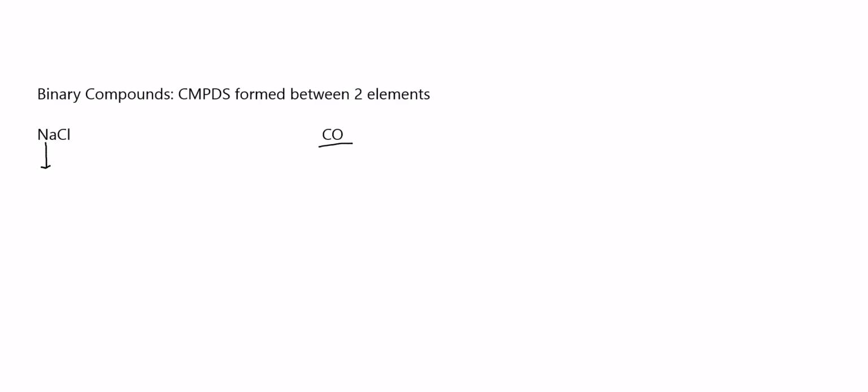As we talked in class, when I pause on the Explain Everything videos, it's your time to jot down on your notes what is the answer, and then you can have immediate feedback. So I'm going to give you a moment to try to come up with an explanation as to why the binary compound between sodium chloride is different in the naming of it than it is with the binary compound carbon monoxide.